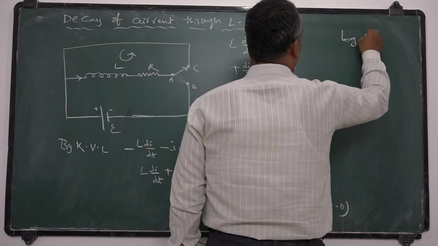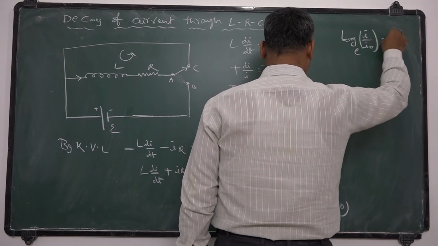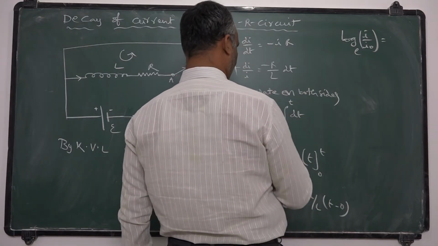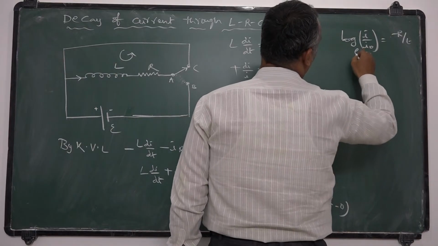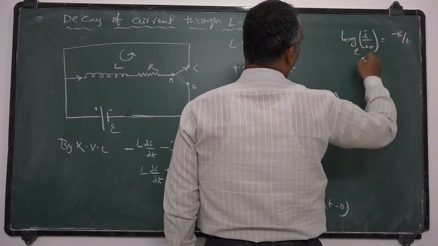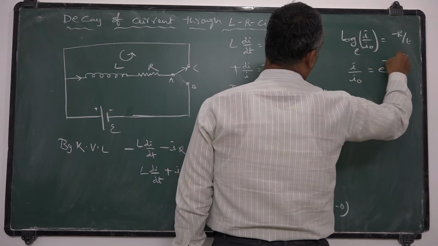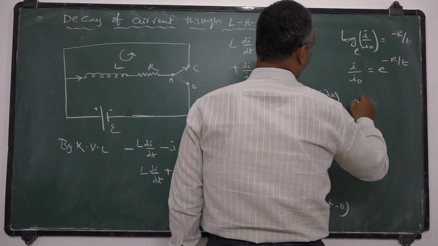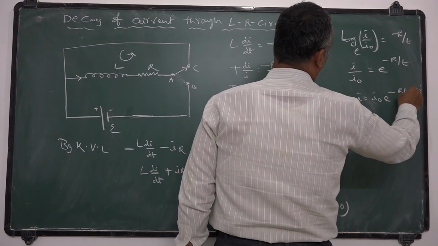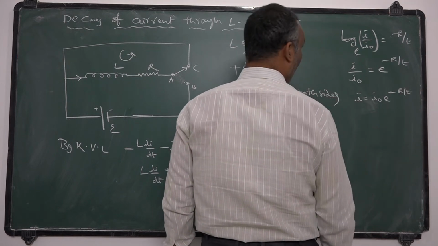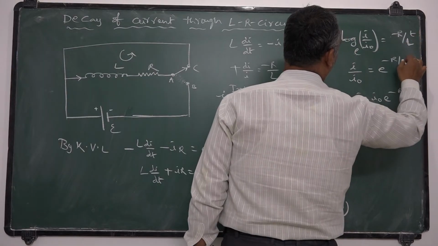Log I by I naught to the base e is equal to minus R by L t. Then this logarithmic base will become exponential base, so I is equal to I naught into e power minus R by L into t.